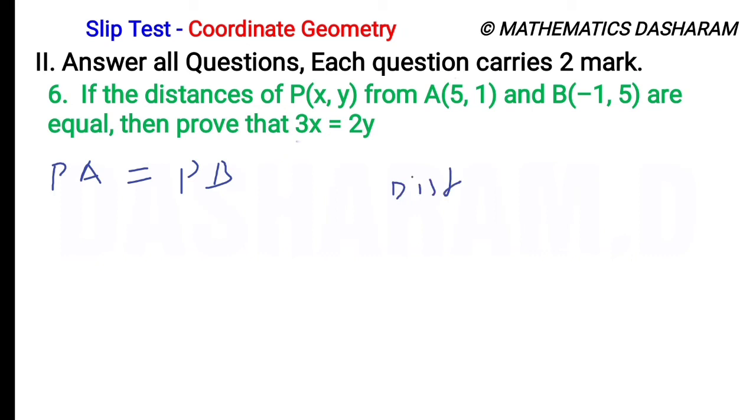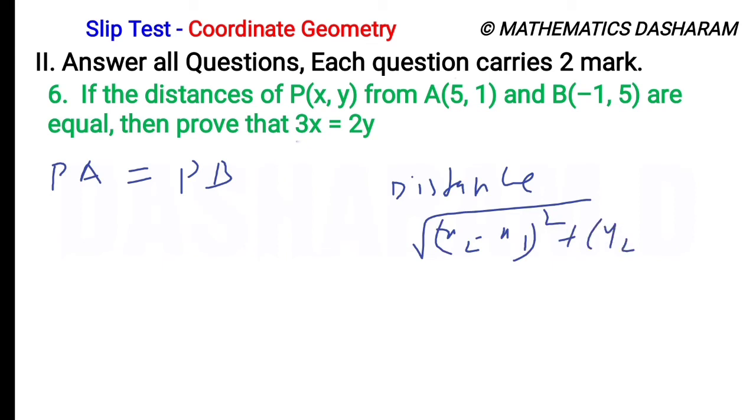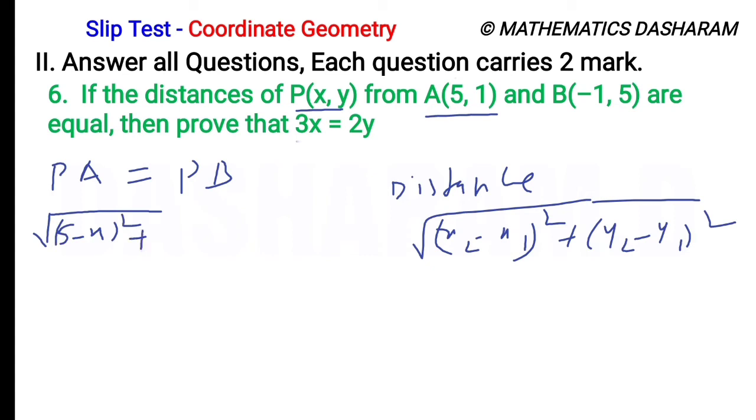The distance formula is under root (x2 - x1) whole square plus (y2 - y1) whole square. So PA means point P and point A: under root (5 - x) whole square plus (1 - y) whole square. It is equal to PB.